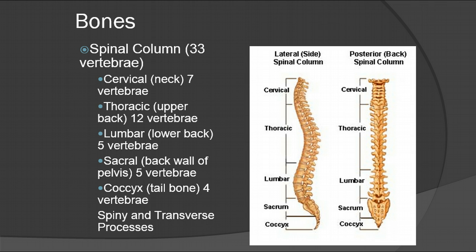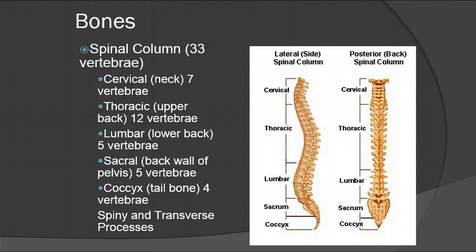The thoracic has 12, and then you'll see 5 here for lumbar, 5 for sacral, and 4 for the coccyx. Now, we'll talk a little bit more about the spinal column in the nervous system portion of this class, but the idea here is that you understand and realize that you have the spinal cord, which is inside of the spinal column.